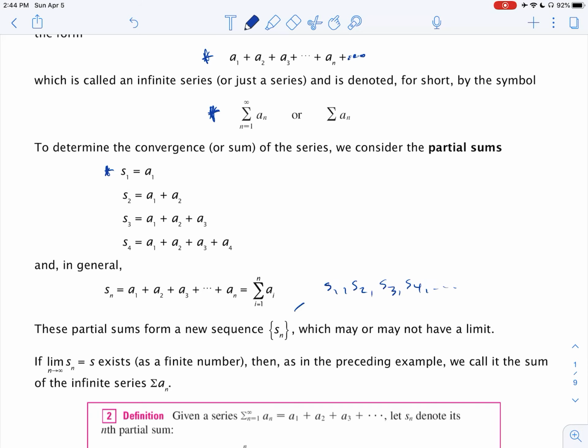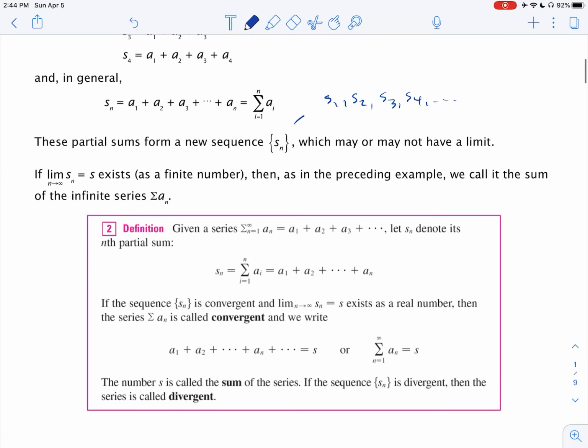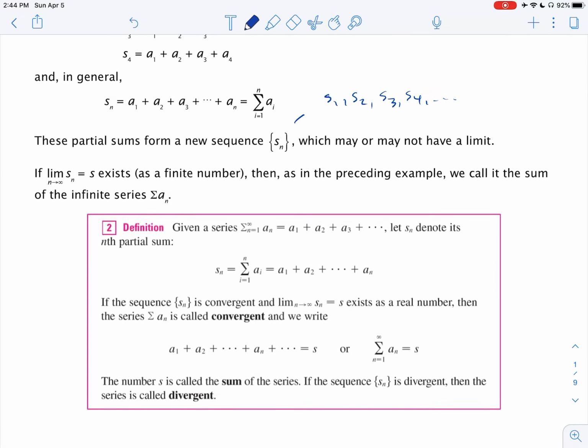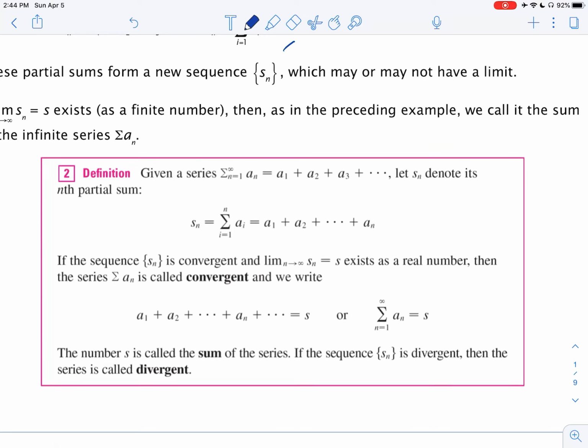And so we define the convergence of an infinite series: we know that our series is convergent if the limit as n goes to infinity of the partial sum actually converges and exists, right? So what does it mean to exist? S here would be a finite number.